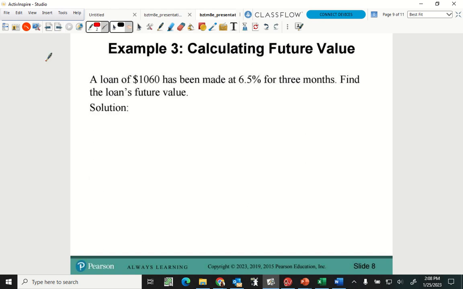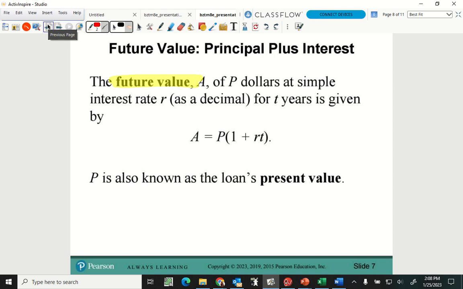A loan of 1060 has been made at 6.5% for 3 months. Find the loan's future value. A equals P parentheses 1 plus RT close. There we go.